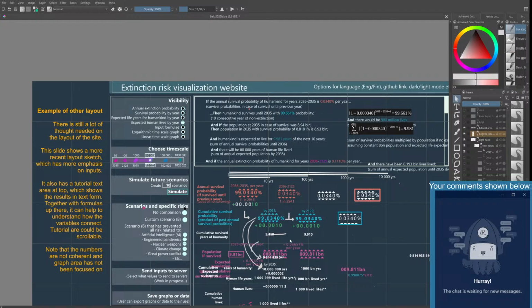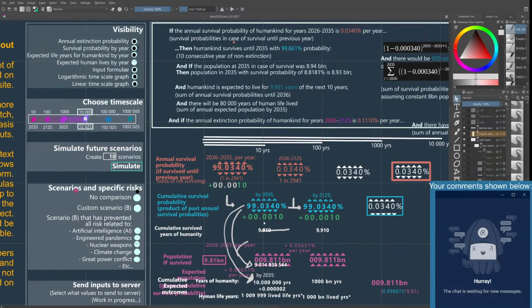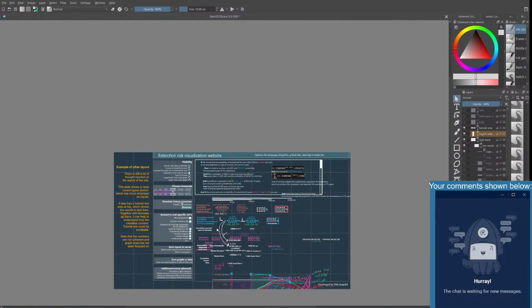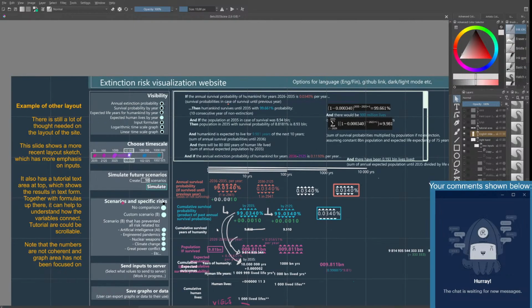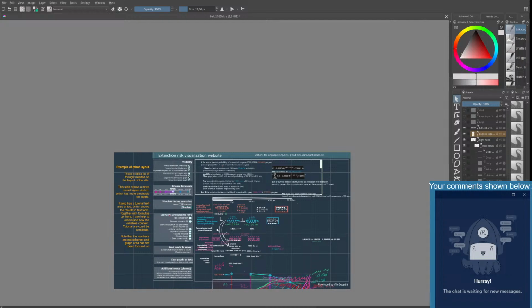And I'm also thinking, do we want to have... what's the size that we want to have here? And should we have a specific color?